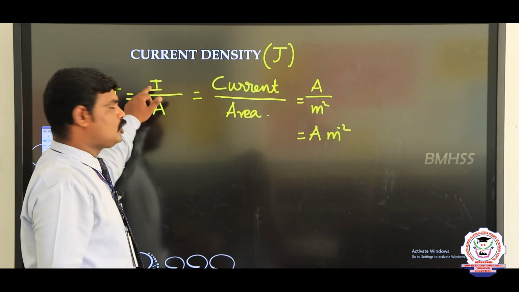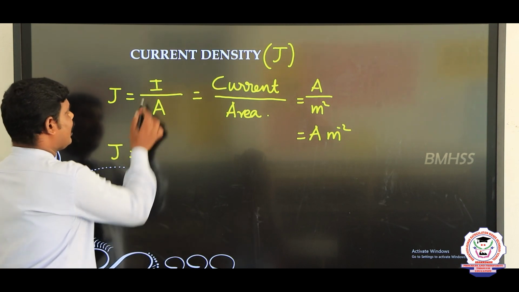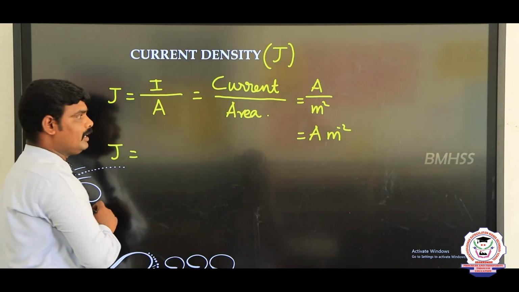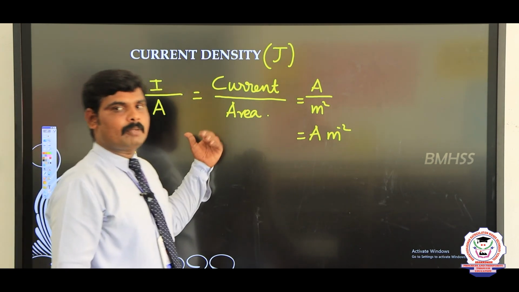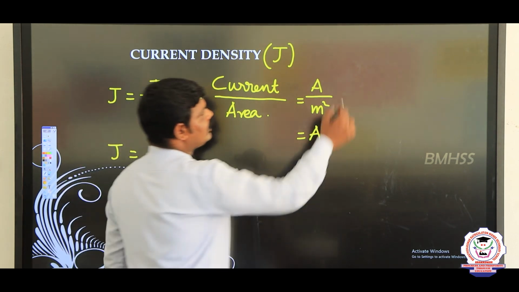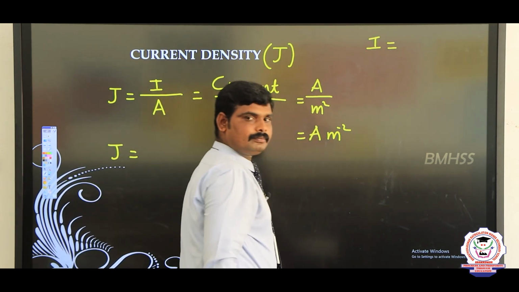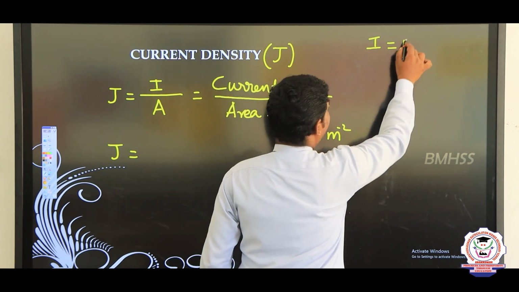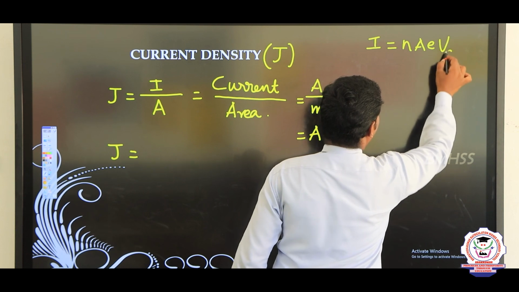Now we have to substitute the I. So J is equal to I by A. We already found I from the microscopic model of current: I is equal to n A e into Vd.